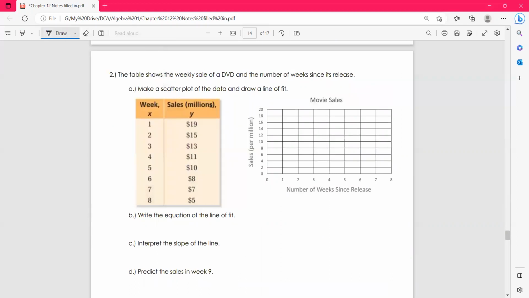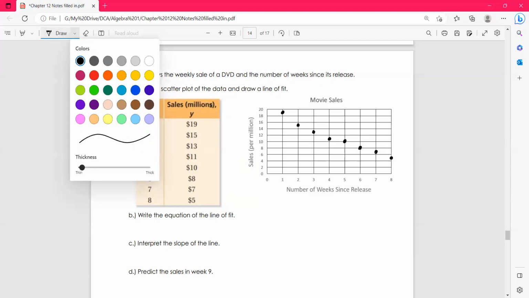We'll have 1, 19, 2, 15, 3, 13, 4, 11, 5, 10, 6, 8, 7, 7, 8, 5.